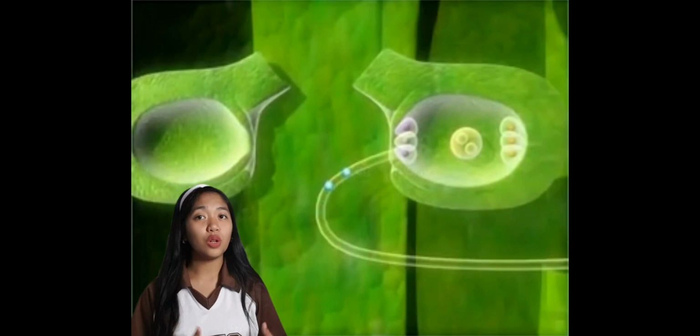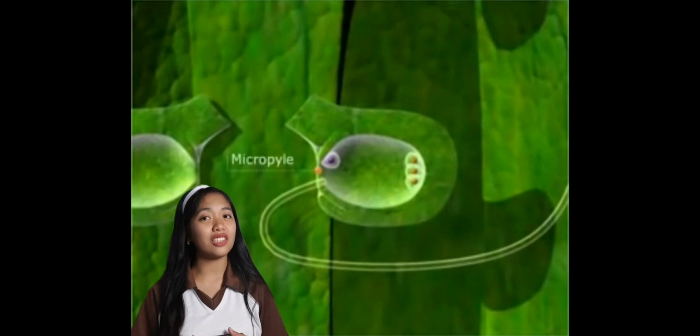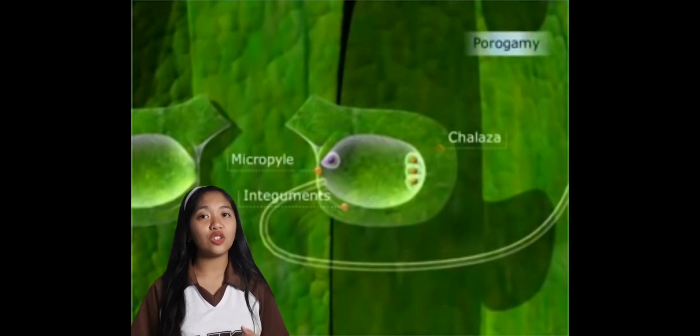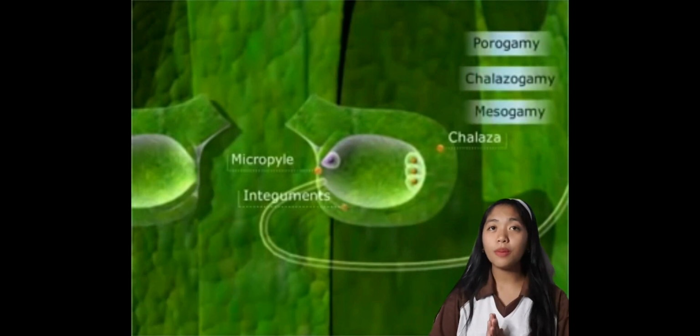The vegetative nucleus degenerates after reaching the ovule. The pollen tube at this stage, with the vegetative nucleus and two male gametes, grows down into the ovary. The entry of the pollen tube into the ovule through the micropyle, chalaza, or integument is known as porogamy, chalazogamy, and mesogamy respectively. Porogamy is the most common of these.